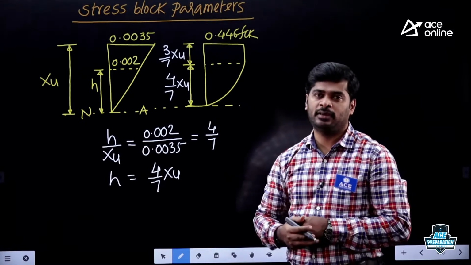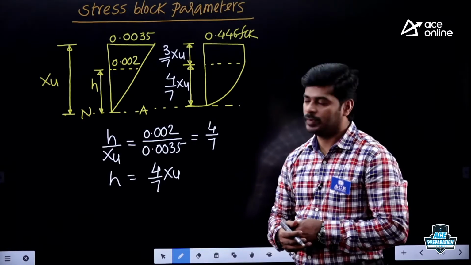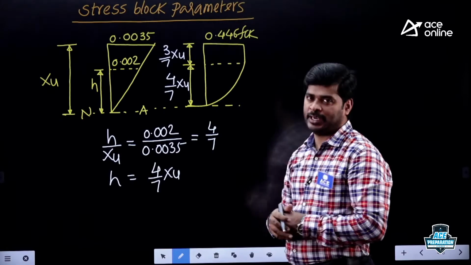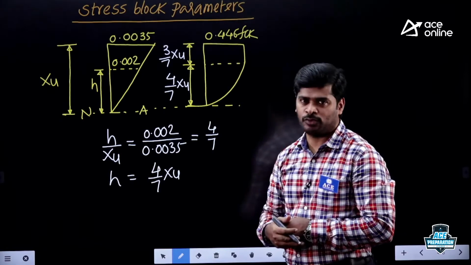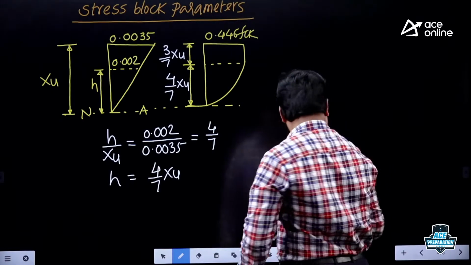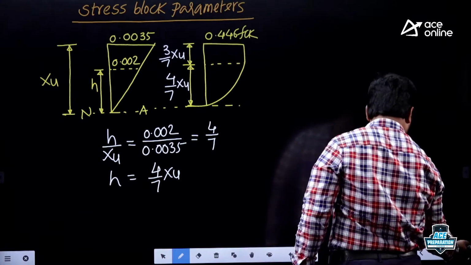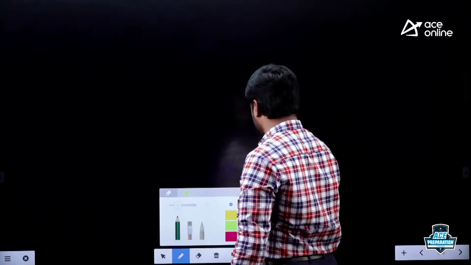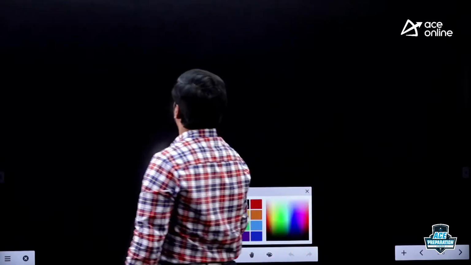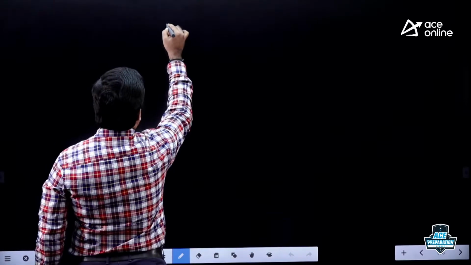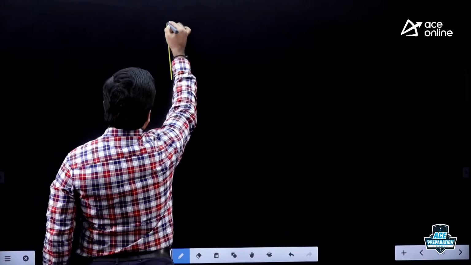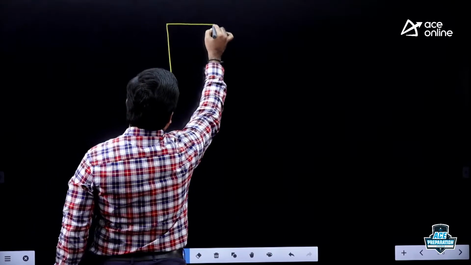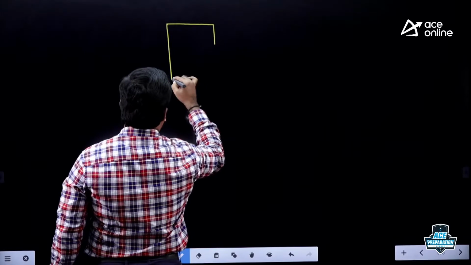Then how to get the compressive force? My dear, we have a stress diagram. We can find out compressive force. It's not a problem. If you know how to get the force once you know the stress, then you will get the compressive force here. This is the stress block.